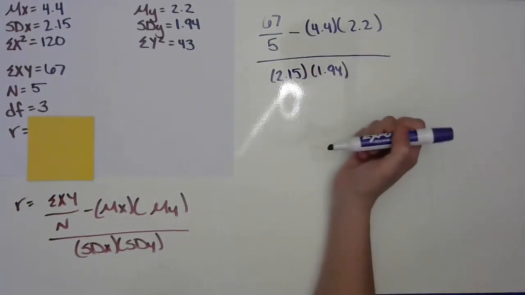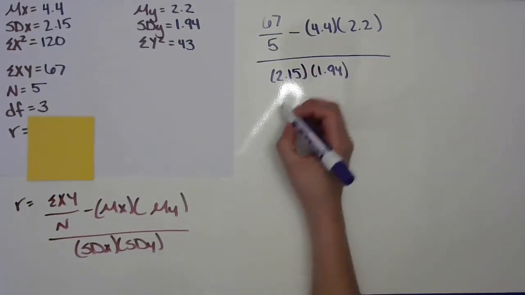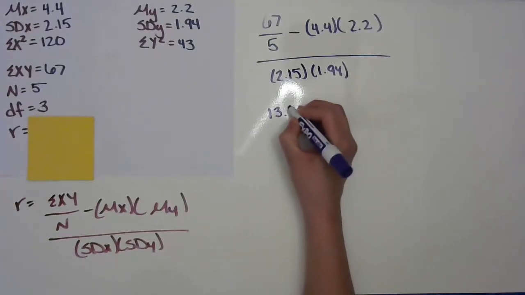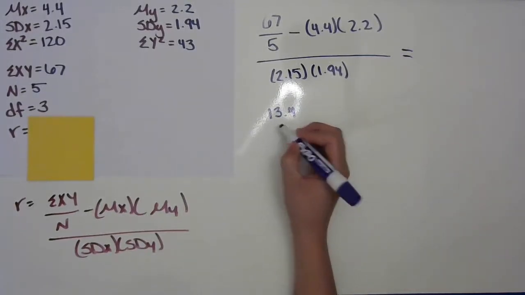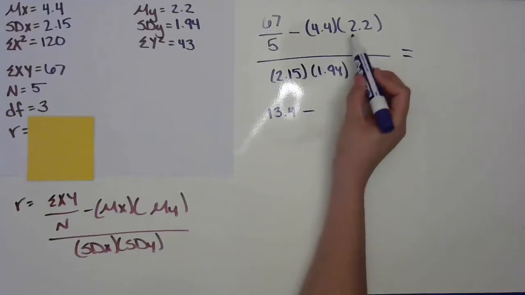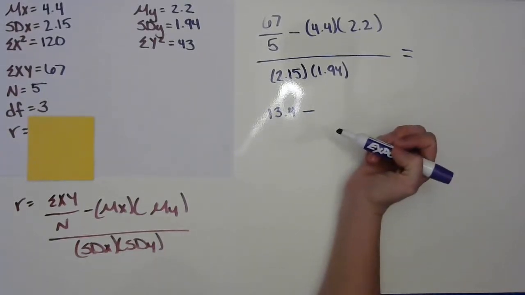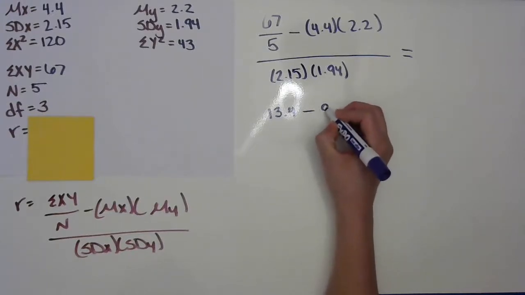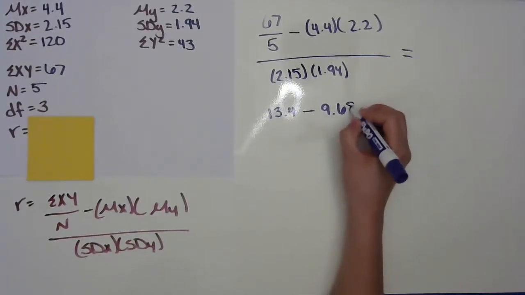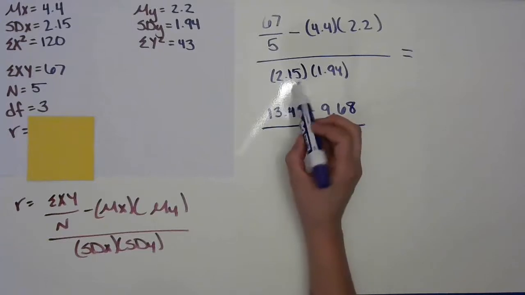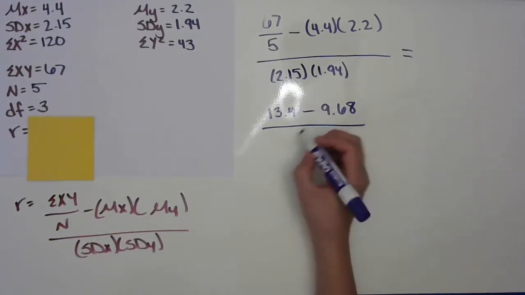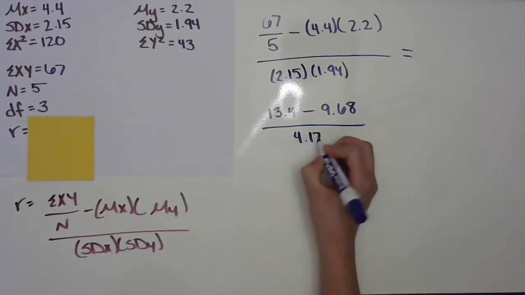So 67 divided by 5 is going to give us 13.4. And then we're going to multiply these two numbers together. So 4.4 times 2.2 is going to give us 9.68. And then these two numbers multiplied together, 2.15 and 1.94, that's going to give us 4.17.